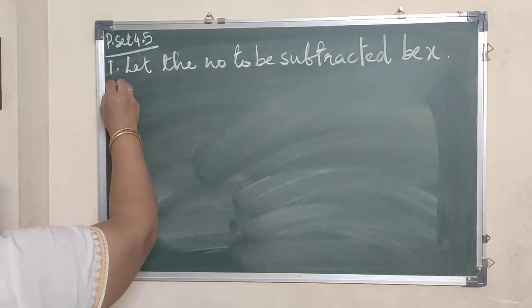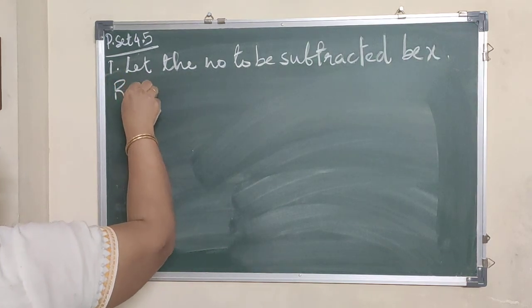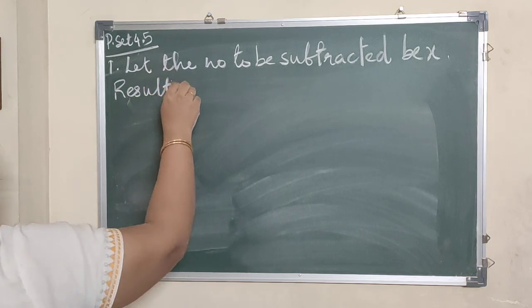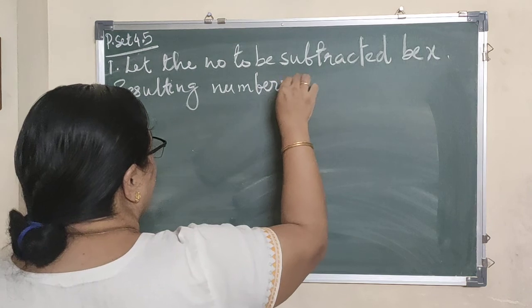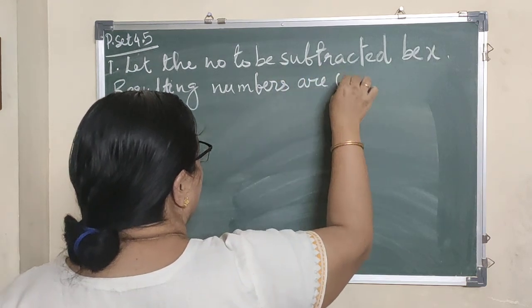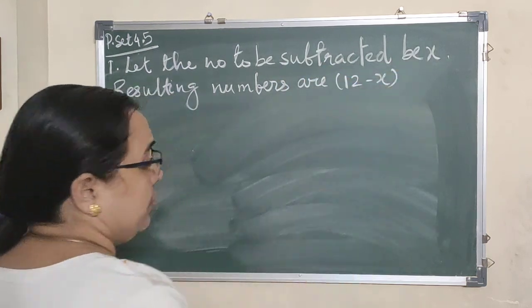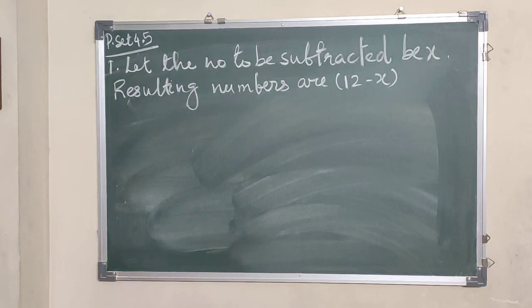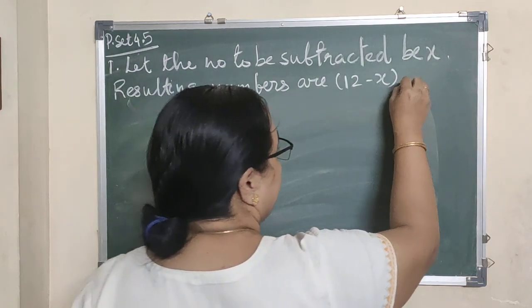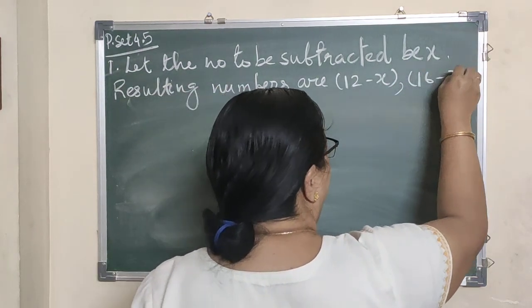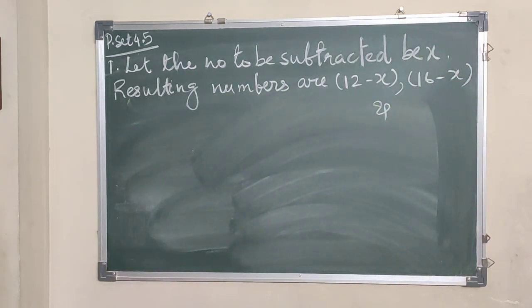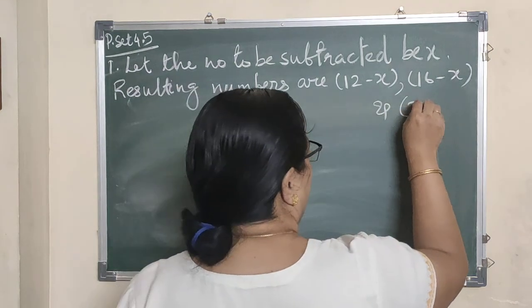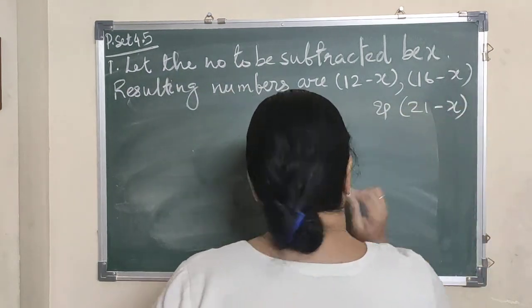The resulting number would be, yes, you are subtracting it from 12, then from 16 and from 21. So these are the resulting numbers.